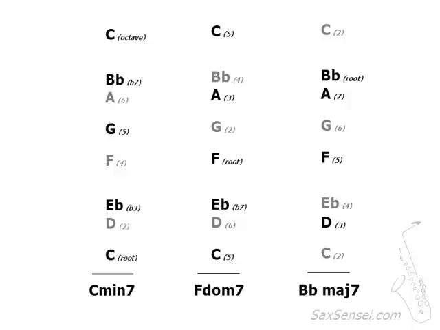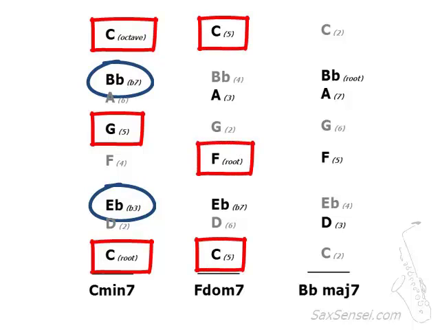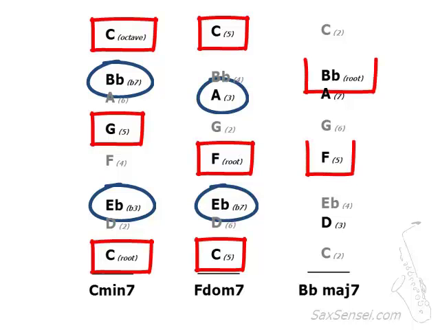But if we look at how the strong and the weak chord tones are laid out, we can see that they're actually quite different. For the minor chord, the weak chord tones are here and the strong chord tones here. For the dominant, they are here and here. And for the major chord, here and here.